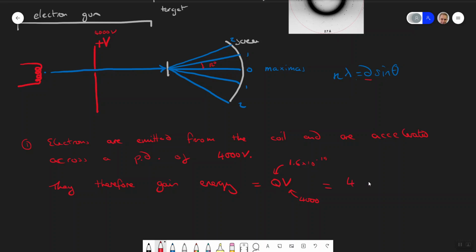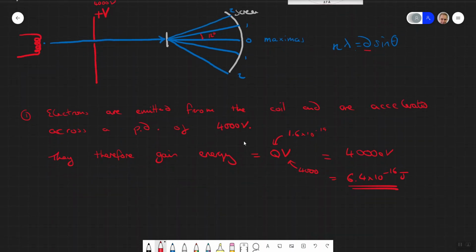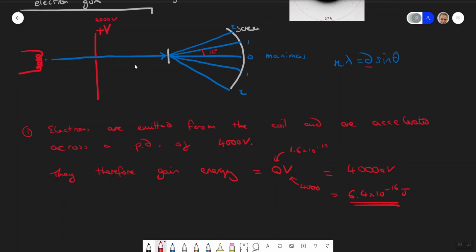In terms of electron volts, this is 4,000 electron volts, but we'll work it out into joules. So we've got 4,000 times 1.6 times 10 to the minus 19, which is 6.4 times 10 to the minus 16. That's a nice thing: if you know the potential you've accelerated them over, that's brilliant.